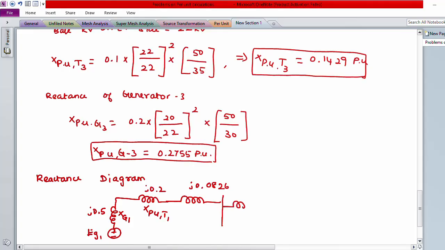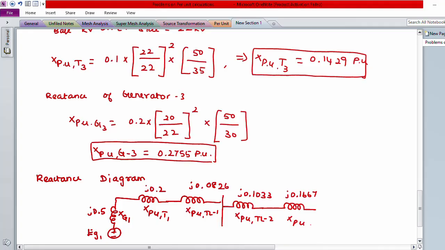Then for transmission line 2, X per unit TL2 is j0.1003, or we can write per unit. Now the reactance of transformer 2 is j0.1667.